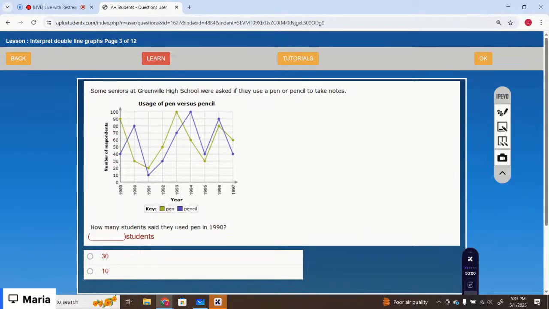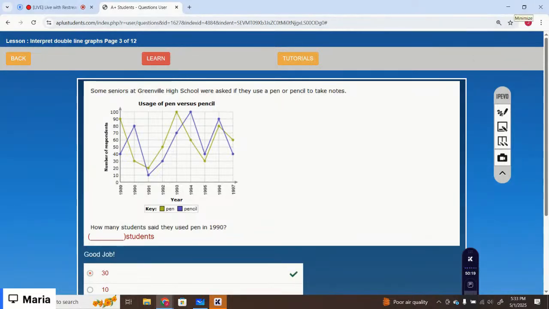Some seniors at Greenville High School were asked if they use a pen or pencil to take notes. How many students said they used pen in 1990? 30 it is. Option number one is the correct option.